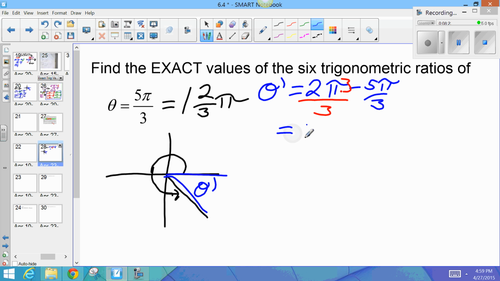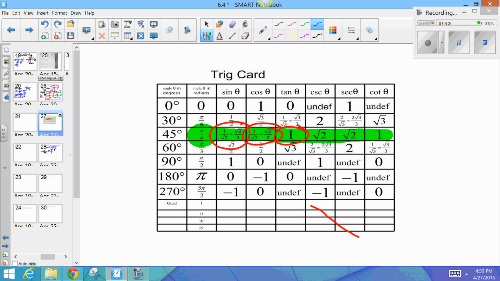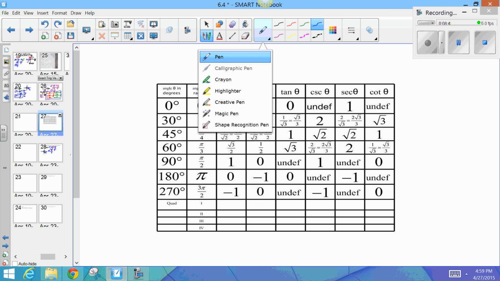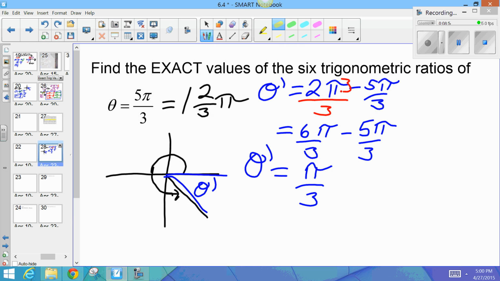That gives me 6 pi over 3 subtract 5 pi over 3 equals pi over 3. So theta prime is pi over 3. I'm looking for the pi over 3 row, right here, so we're using that row to determine my 6 trig ratios.